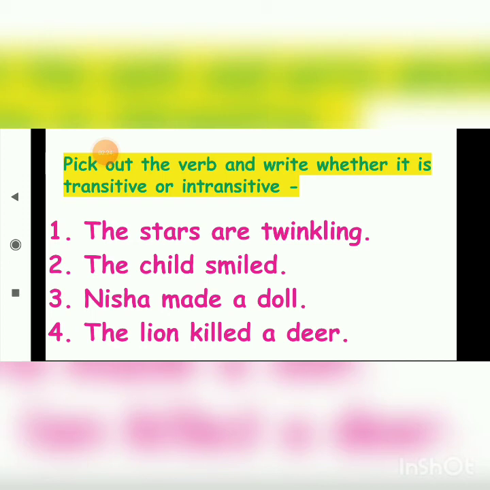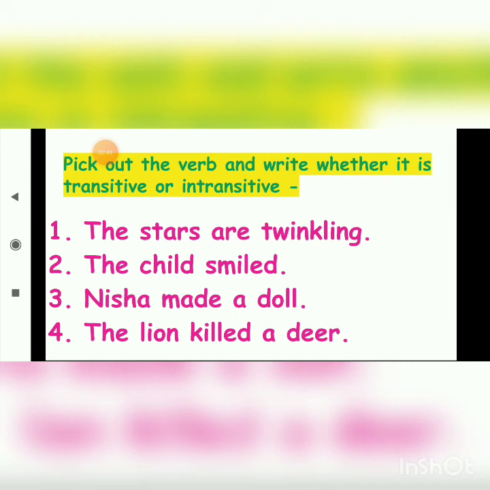Moving to our last one, the lion killed a deer. I repeat, the lion killed a deer. The lion is a subject, killed is an action, that is a verb, and a deer is an object.